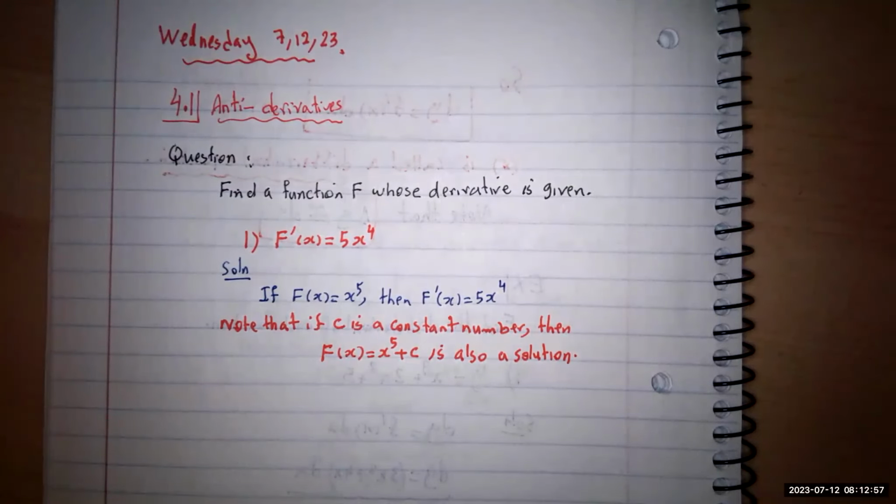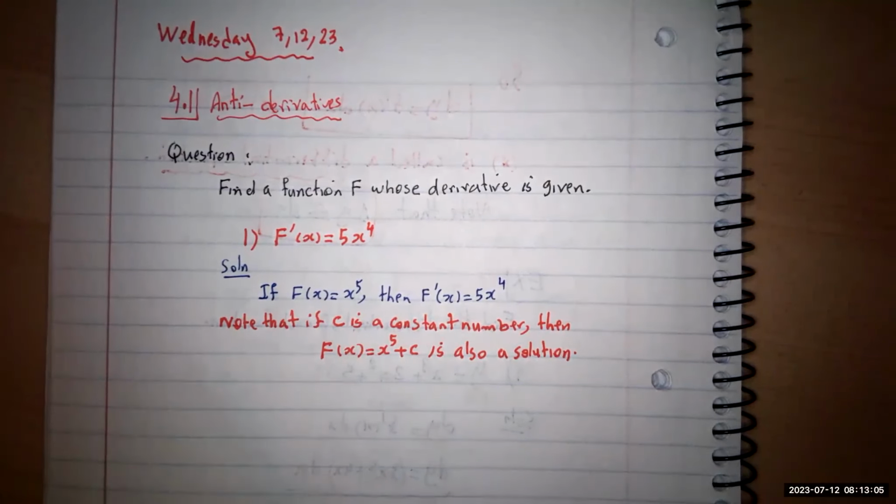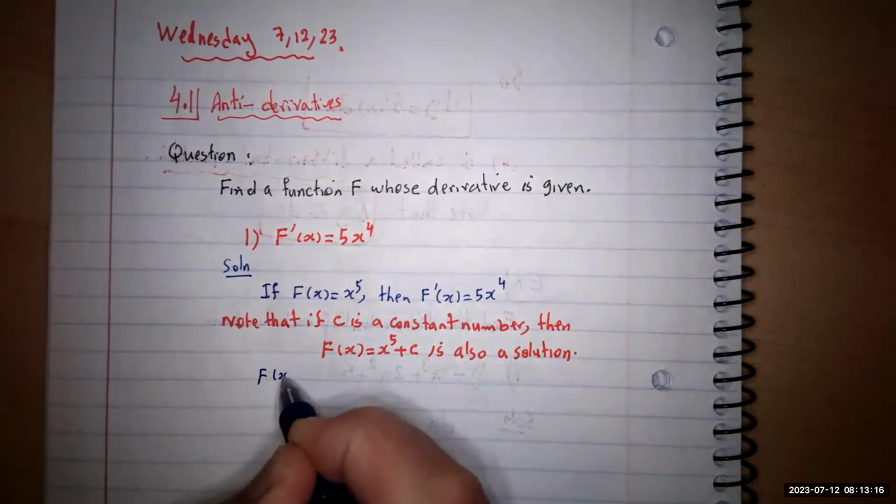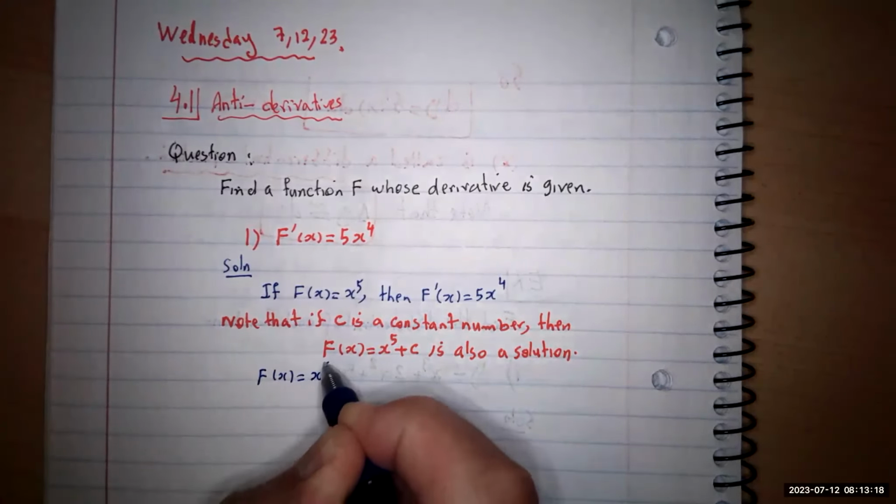Now, f of x equal to x to the 5th, sometimes we refer to it as a particular solution. But x to the 5th plus C, we refer to it as a general solution, because we are going to extend these ideas later on.